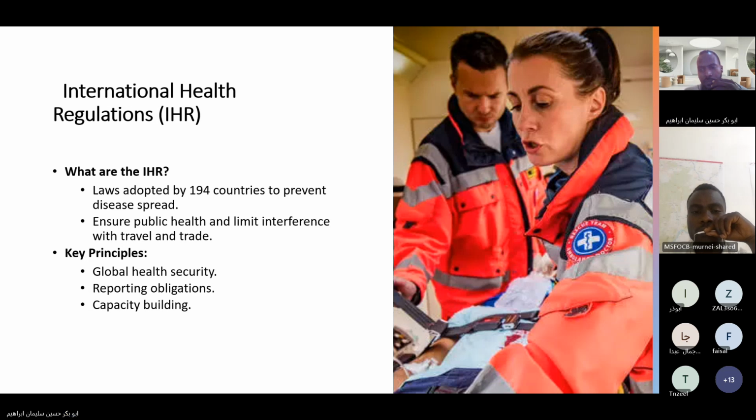Okay. The International Health Regulation is like a law, a legislation, with many articles.